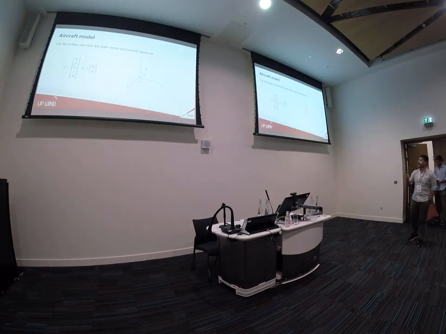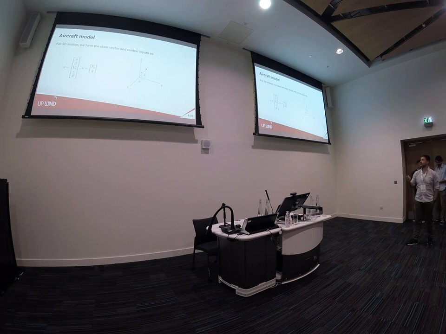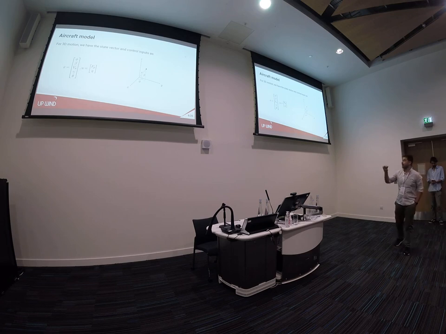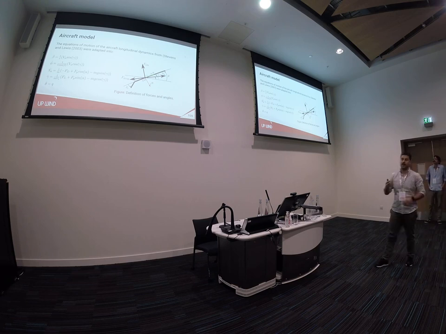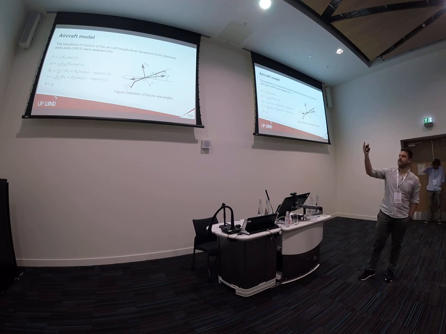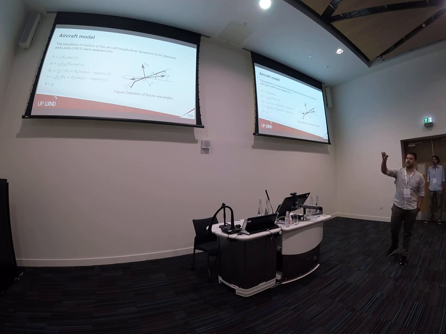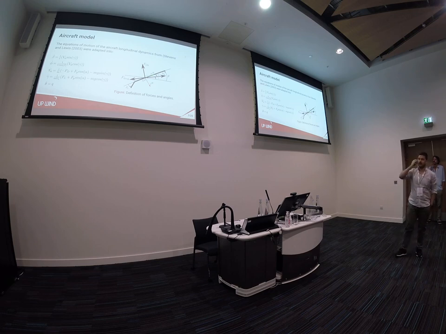So this is our aircraft model. We consider phi as the azimuth angle, beta as the elevation angle, VA as the kite speed, gamma the flight path angle, and theta the pitch angle. Starting with the equations of motion for the aircraft in the longitudinal dynamics, we just have VA dot, gamma dot, and theta dot.